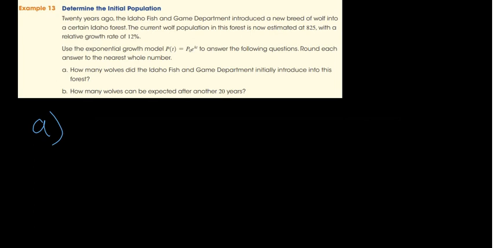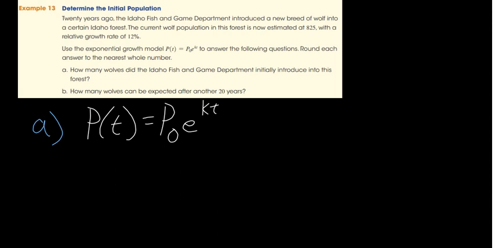Okay, so we're going to have to figure out how much they initially put into the forest. So let's go ahead and write. It's wanting to know how many we initially introduced into the forest, okay?